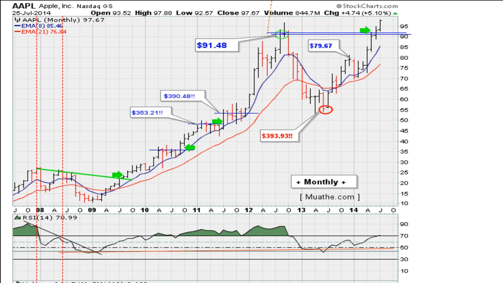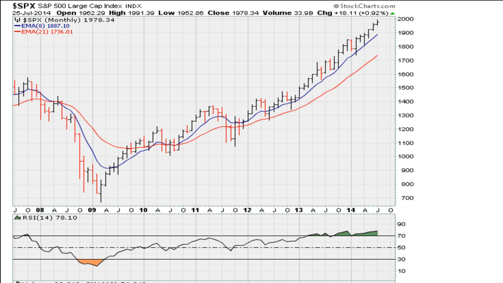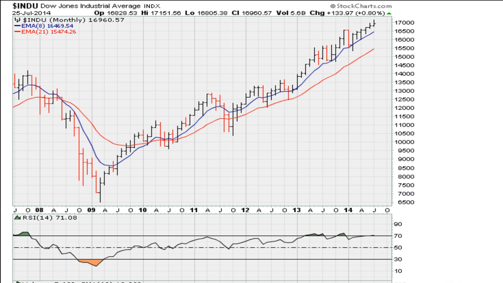Now let's take a look at the markets in terms of their monthly RSI. Begin by taking a look at the S&P 500. On the monthly, you can see that the S&P 500 is holding above 69.10, hence the strength, hence the momentum. If you take a look at the Dow, on the monthly, it continues holding above 69.10, and that's why it's been very strong and stays strong.